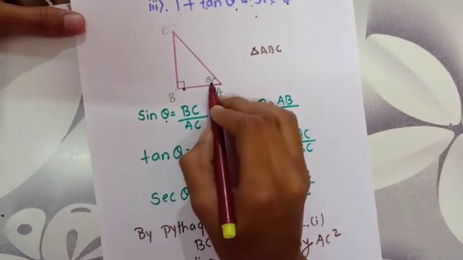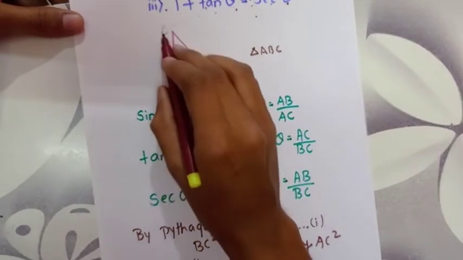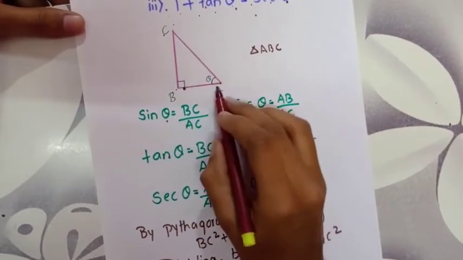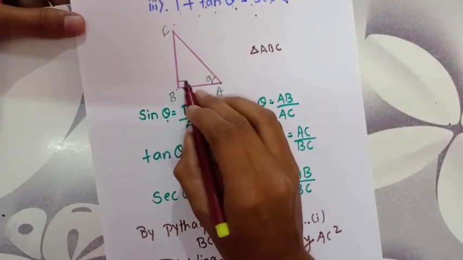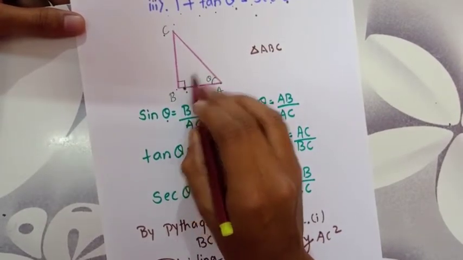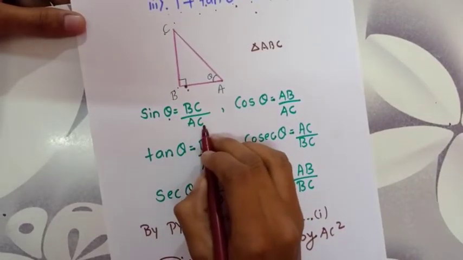The opposite side of this angle theta is BC, and the hypotenuse is the side opposite to the angle of 90 degrees, that is AC. Therefore sin theta is equal to BC by AC.